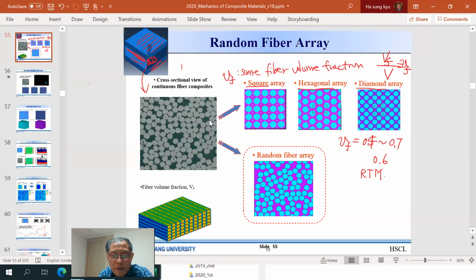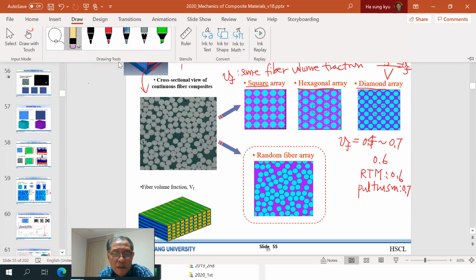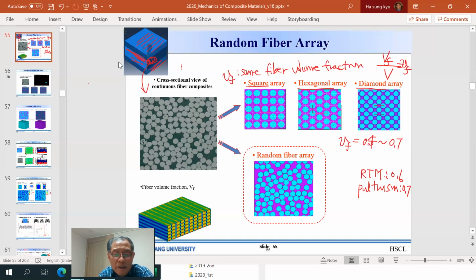Pultrusion can reach like 0.7, and RTM can reach like 60%. Those who cannot fully understand these definitions, I highly recommend you go through all the manufacturing processes and get used to the terminology we are using.